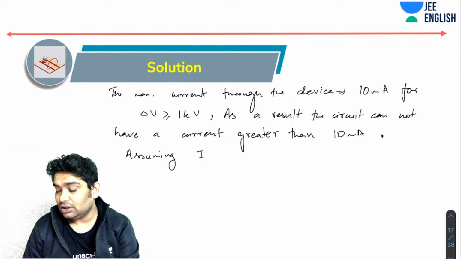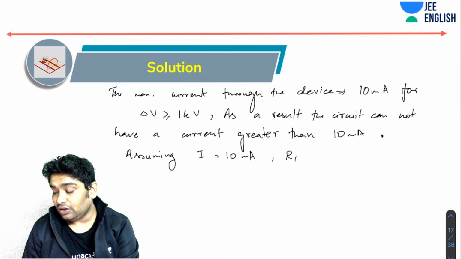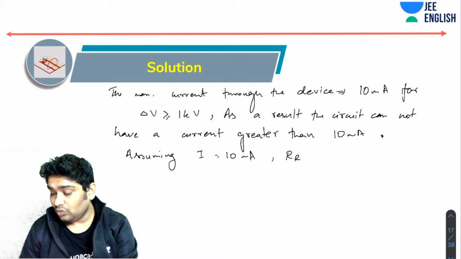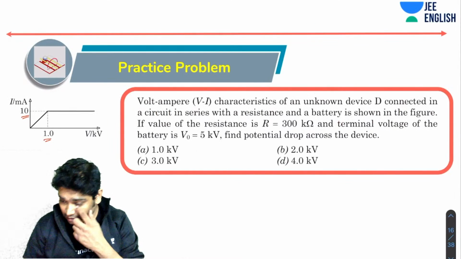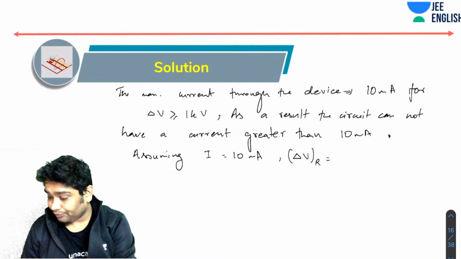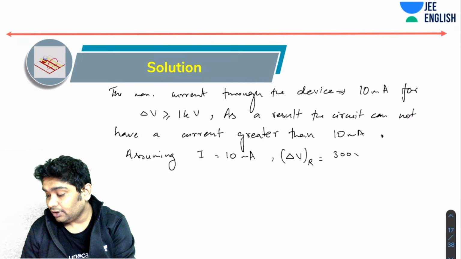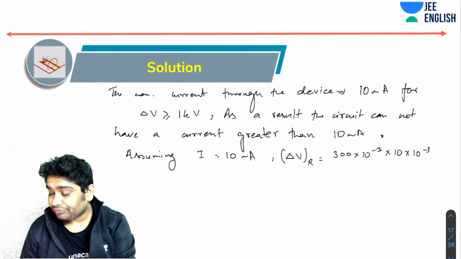Now assuming I equals 10 milliamperes, what is the potential drop across R going to be? So delta V across R, R is 300 kilo ohm, so 300 into 10 to the power 3 into 10 into 10 to the power minus 3. So the powers would have cancelled. What I get is 3 kilovolt.